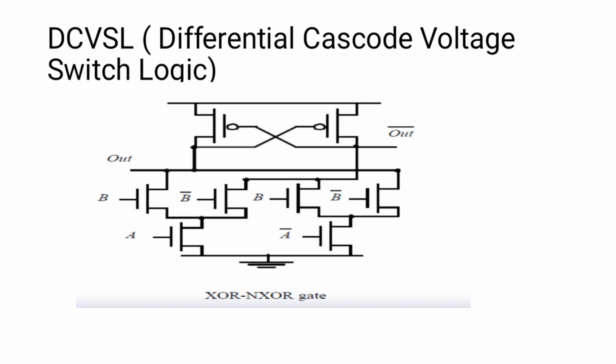Whereas in a transmission gate, both PMOS and NMOS are connected in a parallel structure, so that we can design any combinational logic circuit using the transmission gate. For example, you have seen the transmission gate XOR logic. And after that, DCVSL reduces the static power consumption and provides complementary operations.